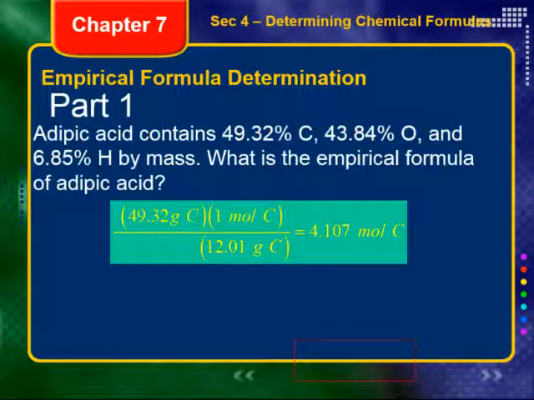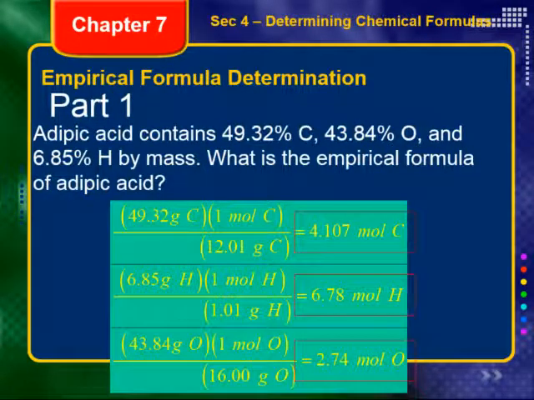And I'm simply going to convert this gram value, using a regular old conversion factor based on the molar mass of that substance, of that element. Here it's carbon. We're going to determine this is 4.107 moles of carbon. We're going to do the same for each of the other two elements present in this compound.